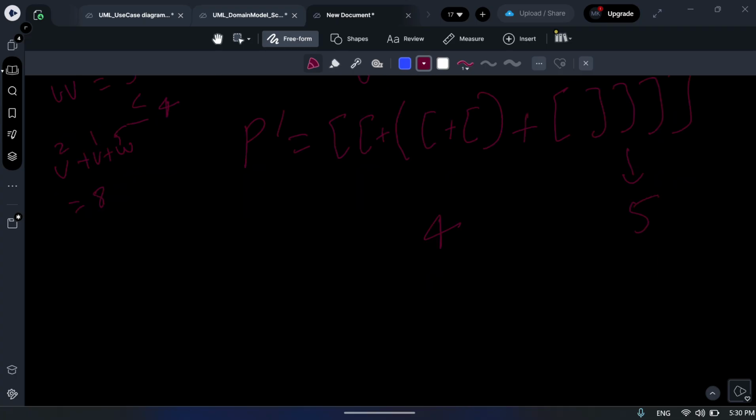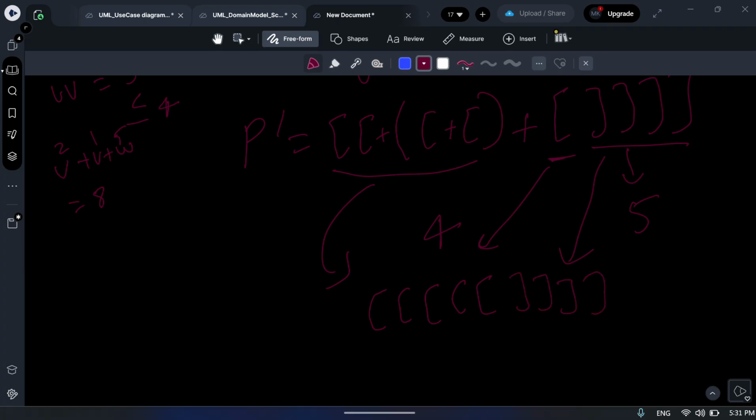Now let's write what we wrote here. 1, 2 after pumping, 1, 2, 3, 4, 1, 2, 3, 4, and then another 5, and now this remaining, which was never pumped. This was also not pumped, this was also not pumped. So 1, 2, 3, 4, and we have 5 opening brackets and 4 closing brackets.